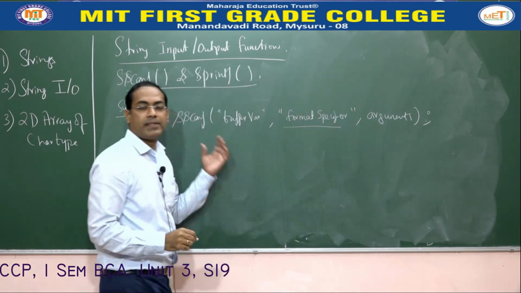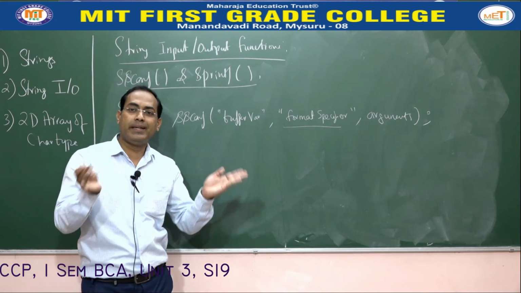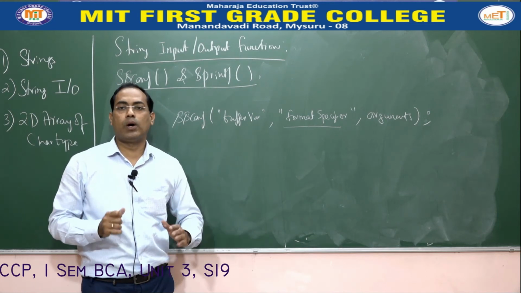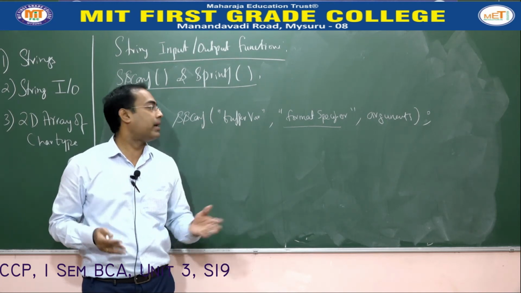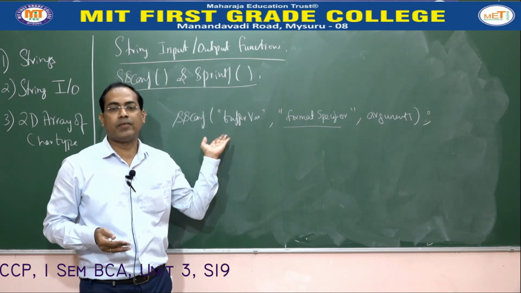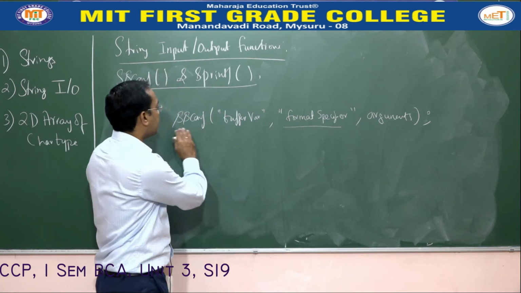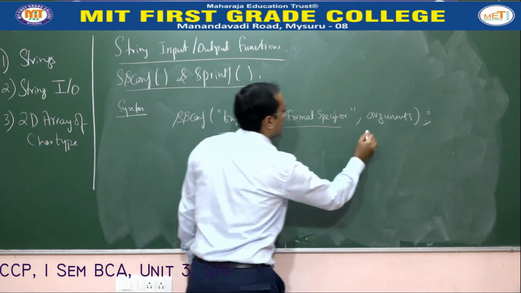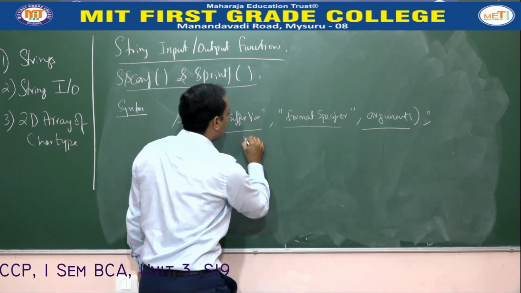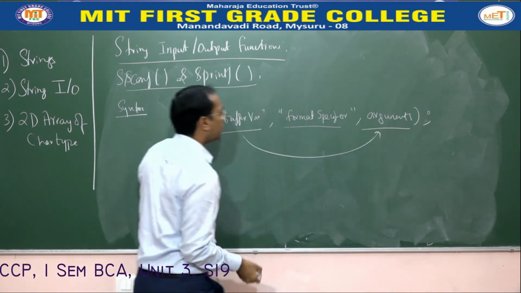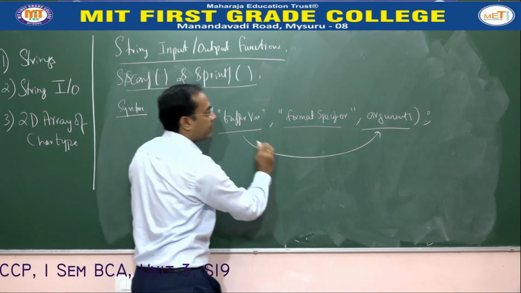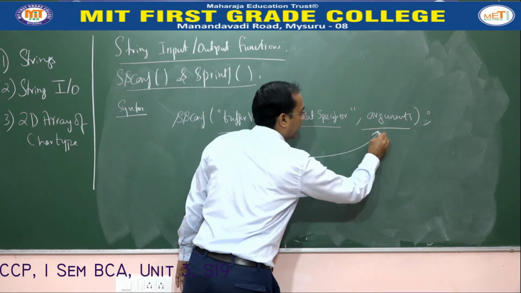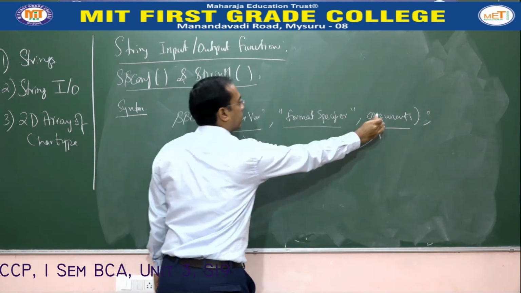Here the speciality of sscanf is that you can work with mixed data types together while working with strings. So whenever you want to display the string in a formatted manner, you can use sscanf and sprintf. In this case, it is going to accept from the buffer variable and assign it to the arguments. So look at the arrow direction. From here it is going to accept and assign.